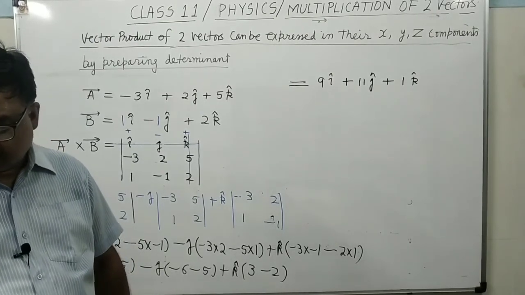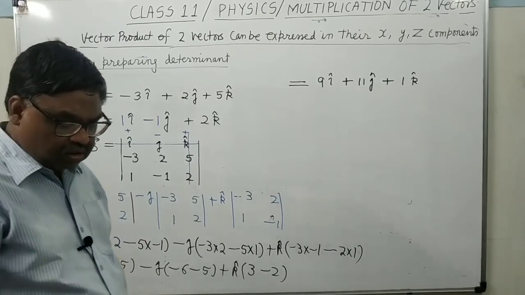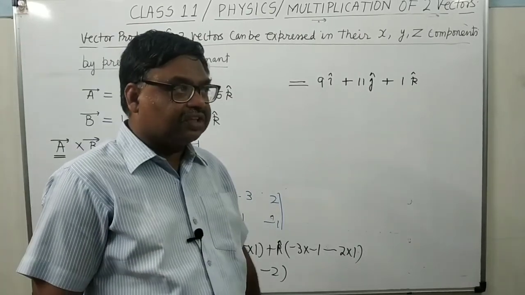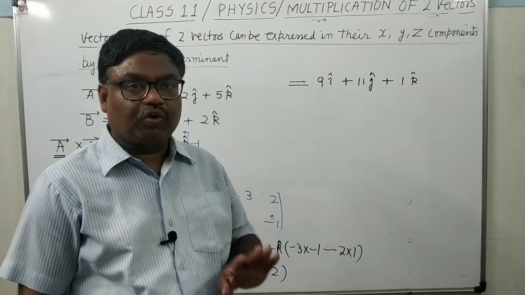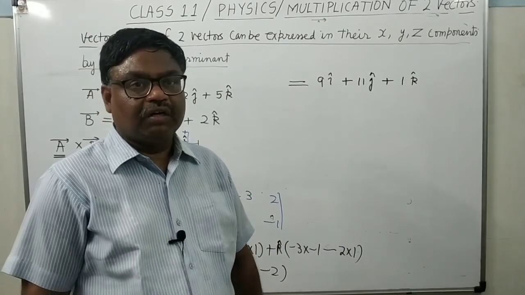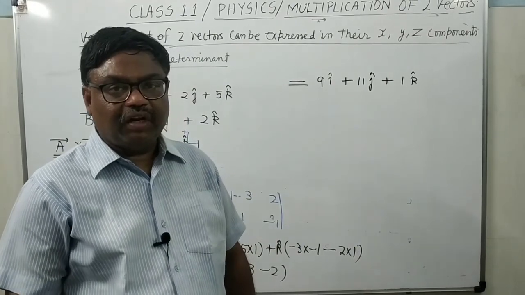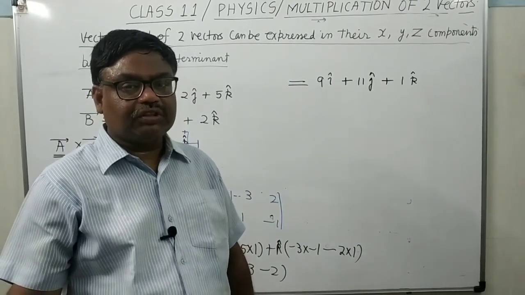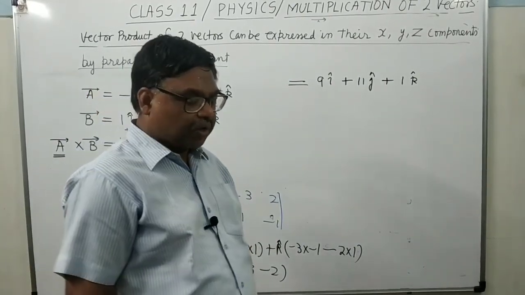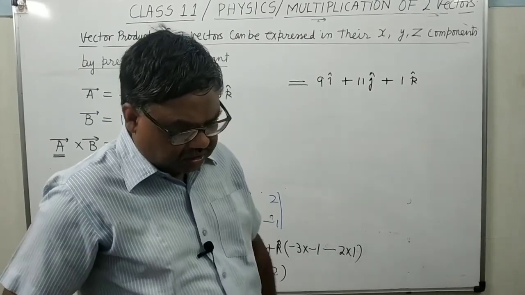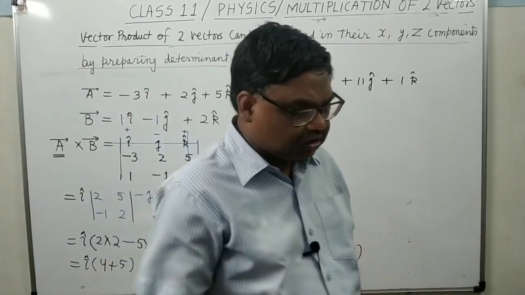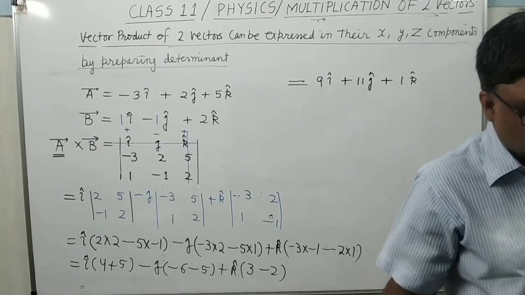So in the next lecture I will discuss questions based on the portion I have taught so far, starting from the addition of two vectors up to the vector product of two vectors. In the next two lectures I will discuss the questions over this. So thank you.